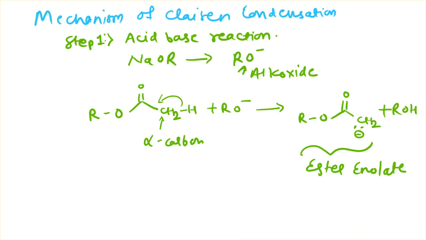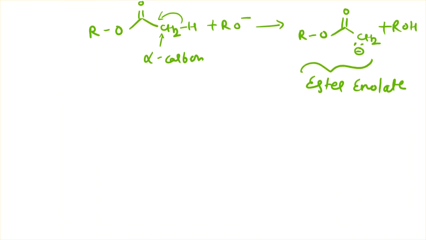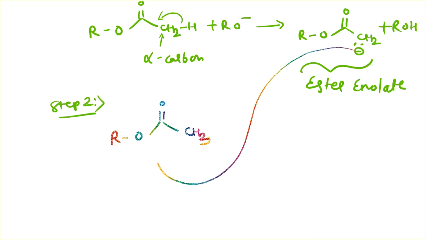In step 2, the ester enolate will attack nucleophilically over the carbonyl carbon of the other ester. So another ester will be again this double bond O bond CH2 CH3, and this will attack here. This is our carbonyl carbon.